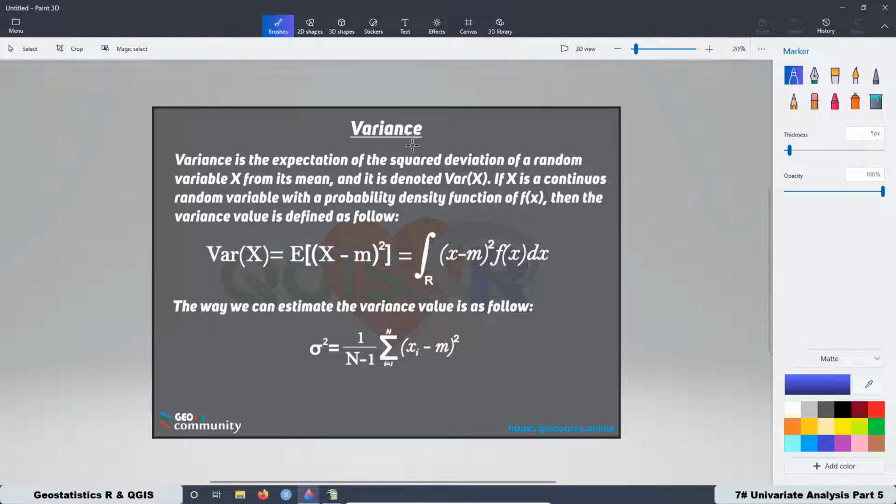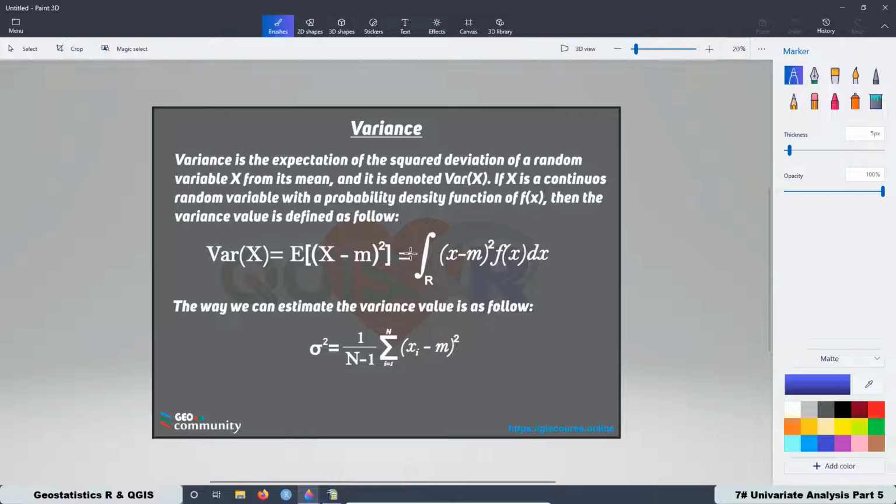In order to calculate the variance with this expression, the same thing happens as with the expected value. In this case, we don't have the probability density function. As we said, in geoscience, most of the time we don't have this mathematical expression, so we cannot calculate this operation over here.